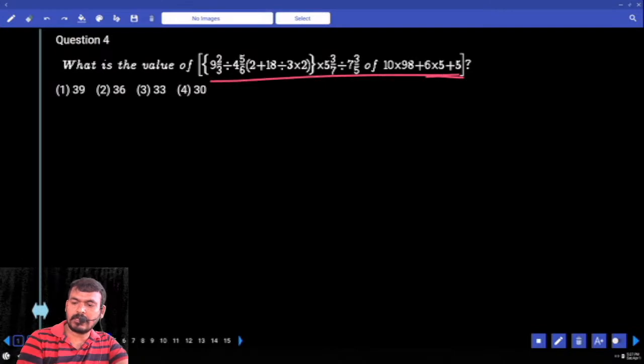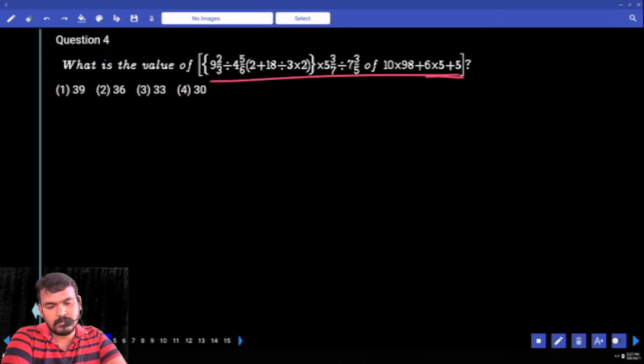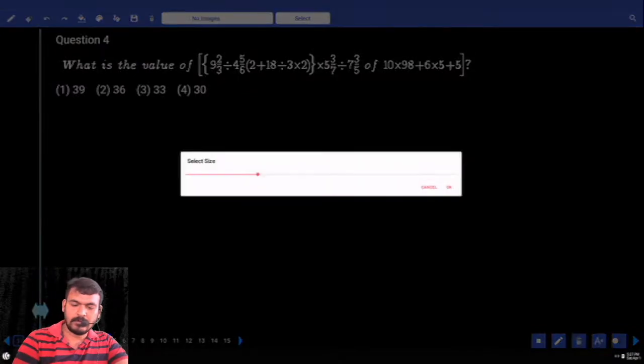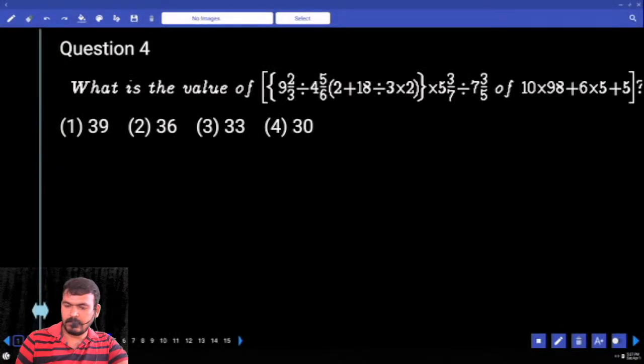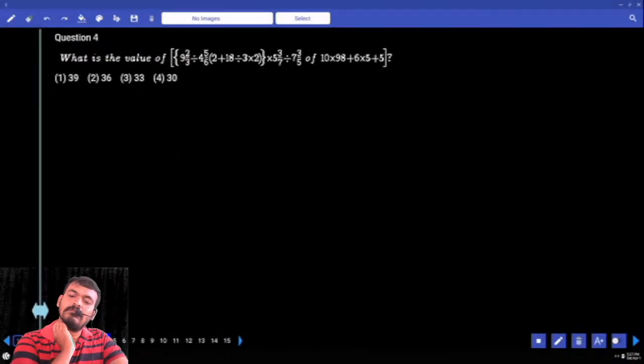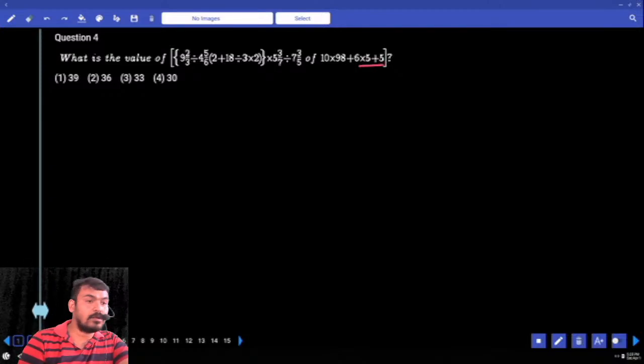What is the total value you are getting? Actually 230. What are the last two values? 6 into 5, 30 plus 5 means how much? 35. Okay. Next priority, which one?